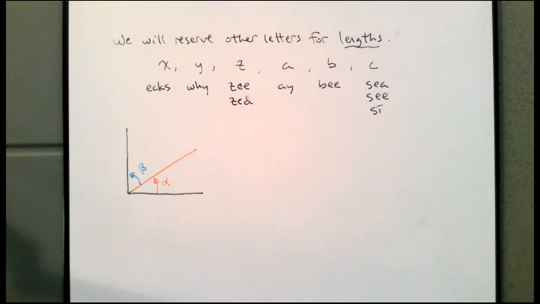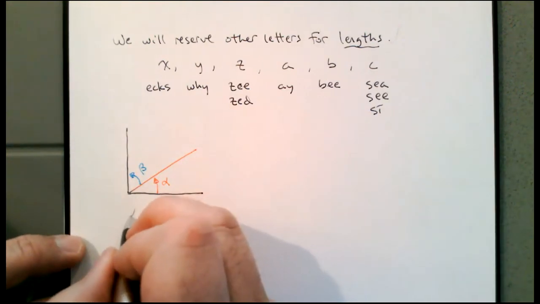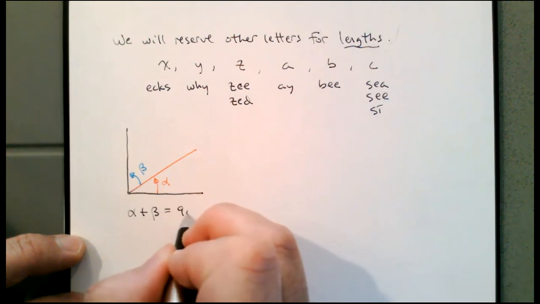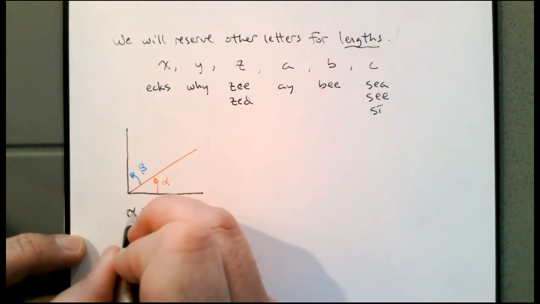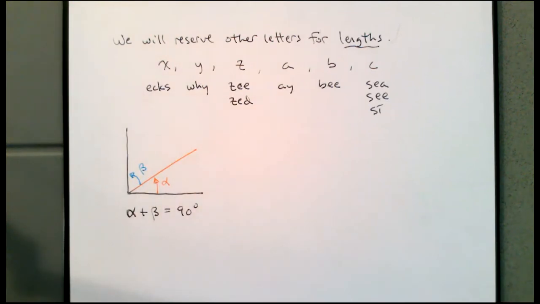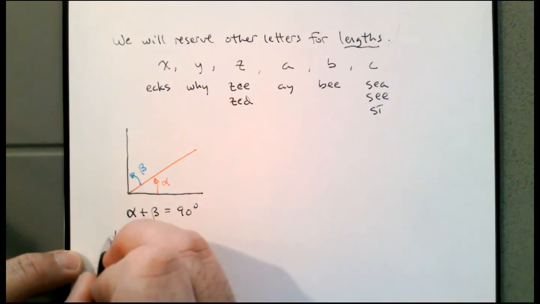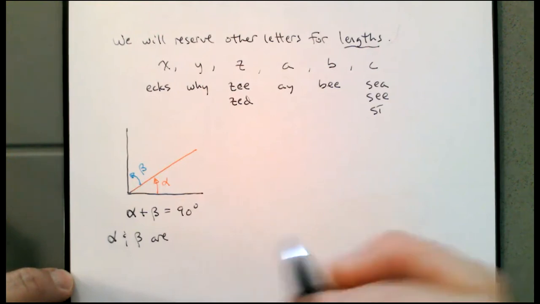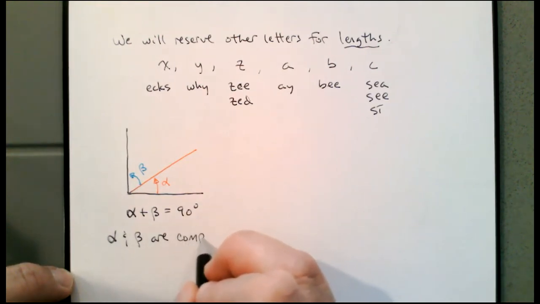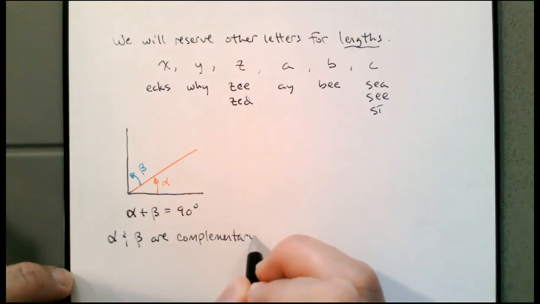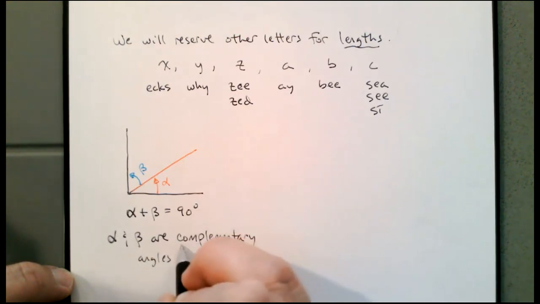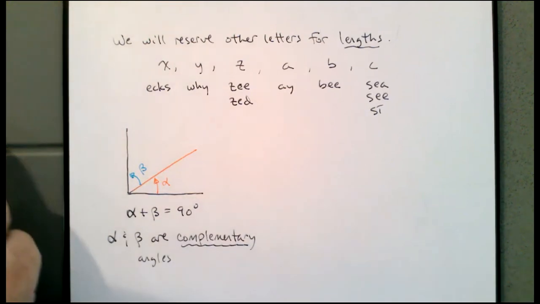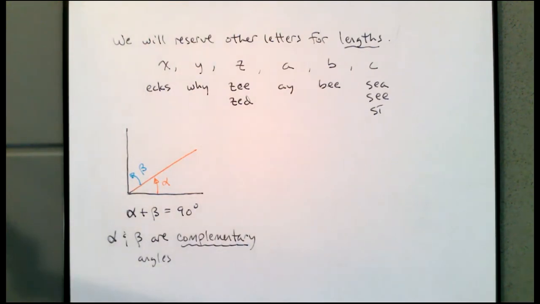So if alpha plus beta is equal to 90 degrees, what kind of angles are alpha and beta? What's the word that we use for this? We had a word for it: complementary. Alpha and beta are complementary. Angles that add up to 90 degrees are complementary.